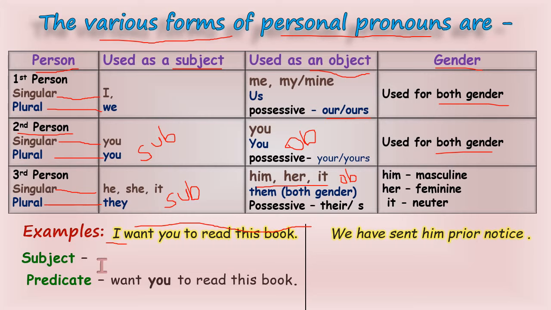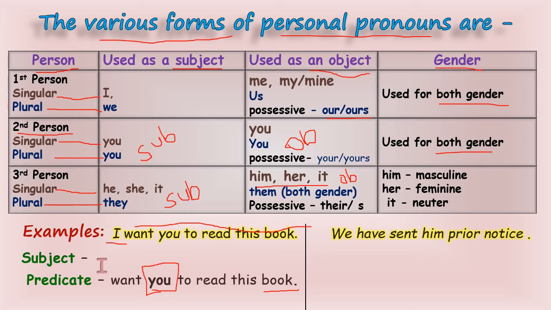What is the noun or pronoun used in the predicate? You and book. Yes, this is a pronoun and this is a noun. But basically we are talking about the pronoun. So you is used here as object. This is clear?